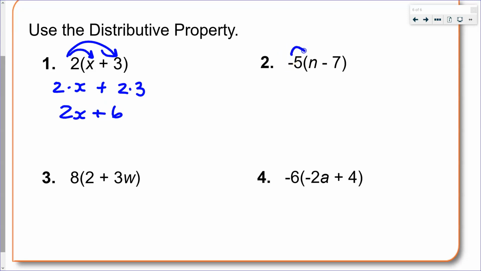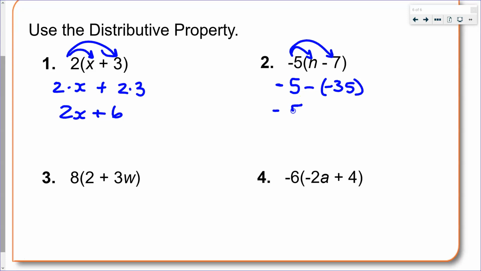Okay, here we have, and again, you don't have to write or draw these arrows, I'm just doing it for teaching purposes. We've got negative 5n minus 7. Okay, this is where kids get confused. So you can do this minus negative 35, but as you can see, when you have a negative and a negative, it makes a positive.